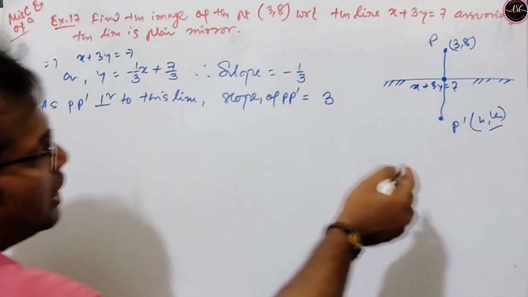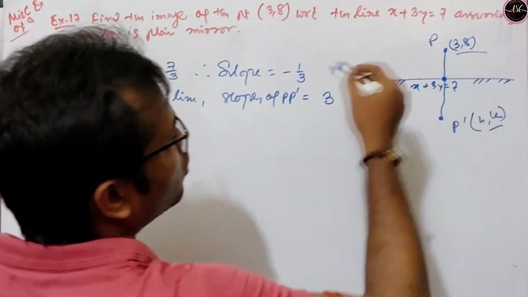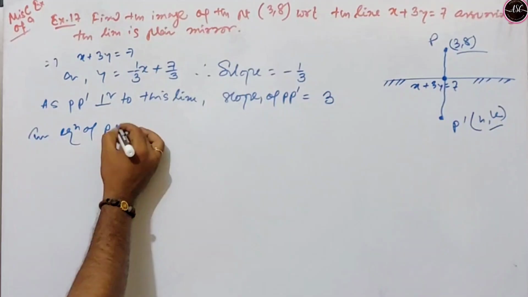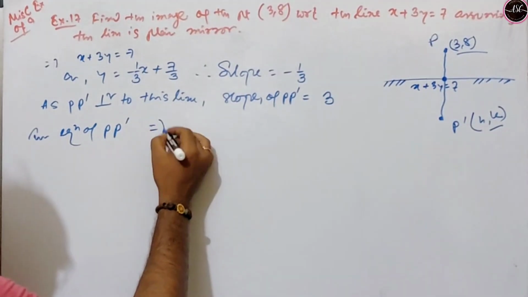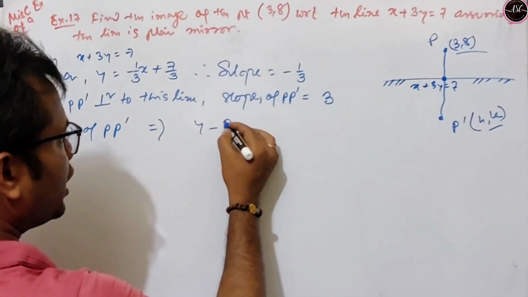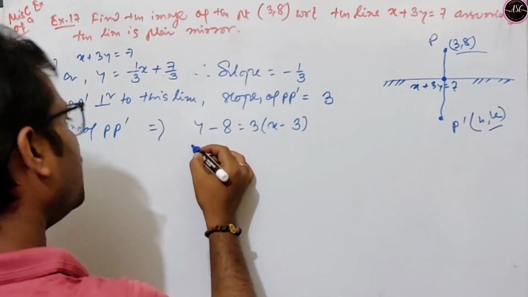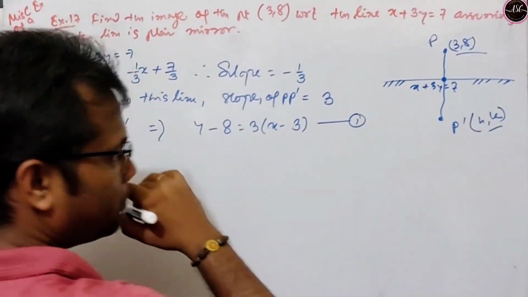So the equation of PP dash through this point is y minus y1, that is y minus 8, equal to m into (x minus x1). This is equation 1.